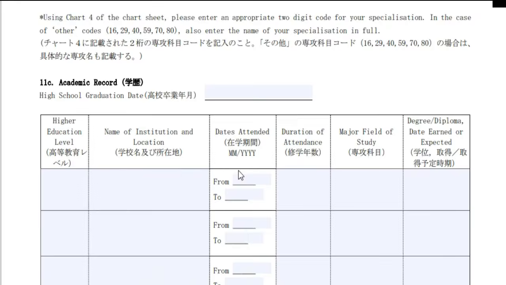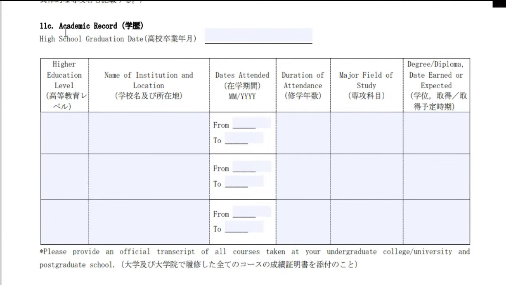Next, let's go to number 12, the academic record. For the academic record, you only need to write the date of your high school graduation. Let's say the graduation is March 1998, for example. That's your graduation date in high school. And then the only things that you need to write on the table are your higher levels of education.